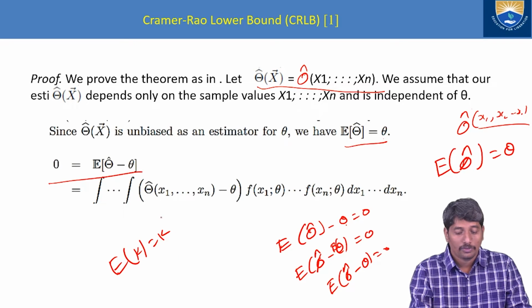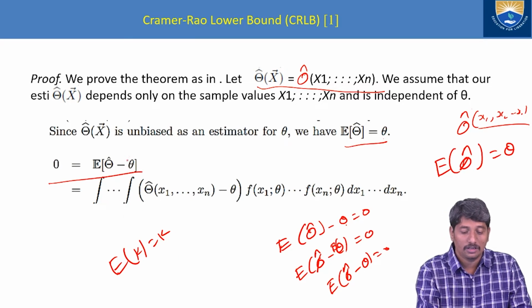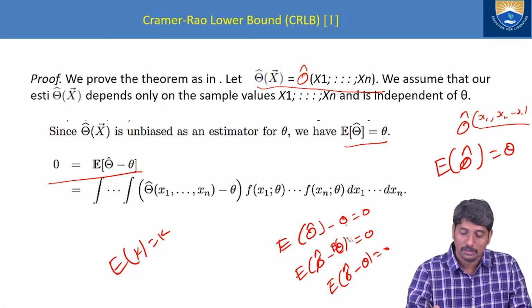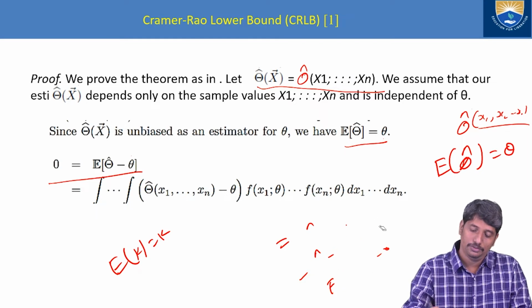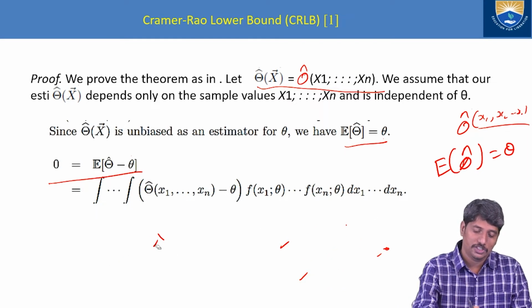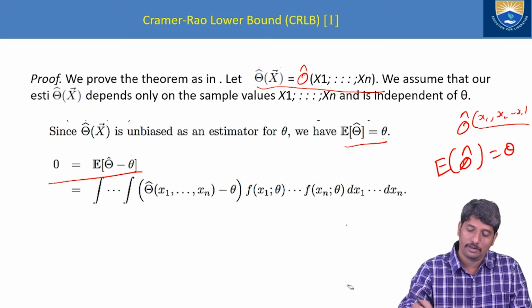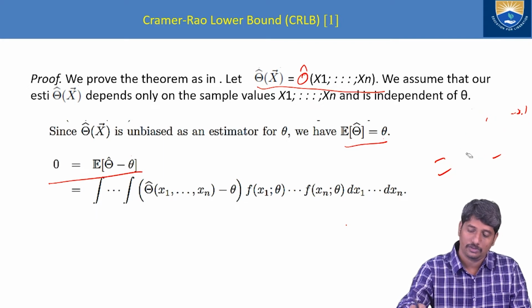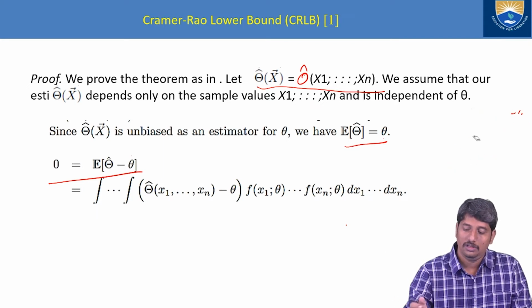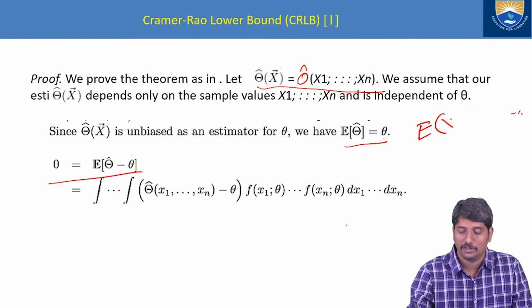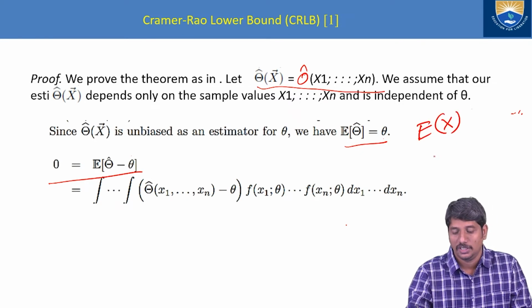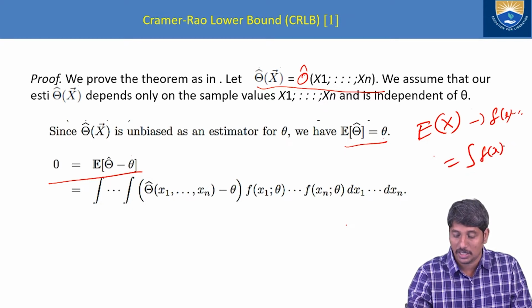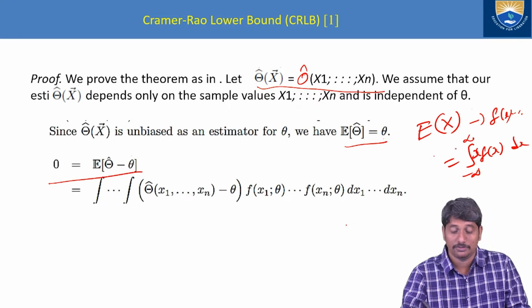Okay, now what is the density function? Let me make you recollect the definition of expectation of a continuous random variable. The expectation of a continuous random variable x, whose density function is f of x, is nothing but the integral of x into f of x dx, where the limits are from minus infinity to infinity.